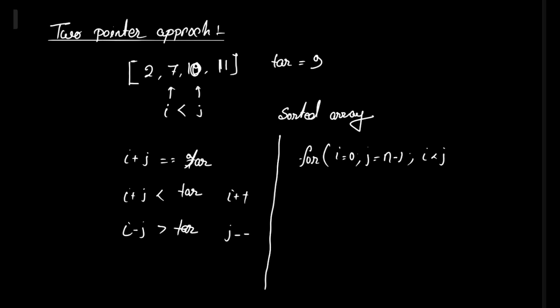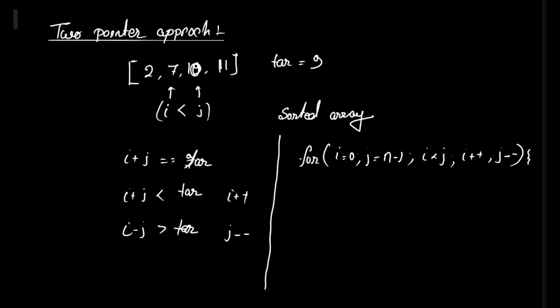When i is greater than or equal to j, it would repeat the same iteration, so we will not consider that. So this will be our condition: i should be less than j, then i plus plus, and j minus minus.